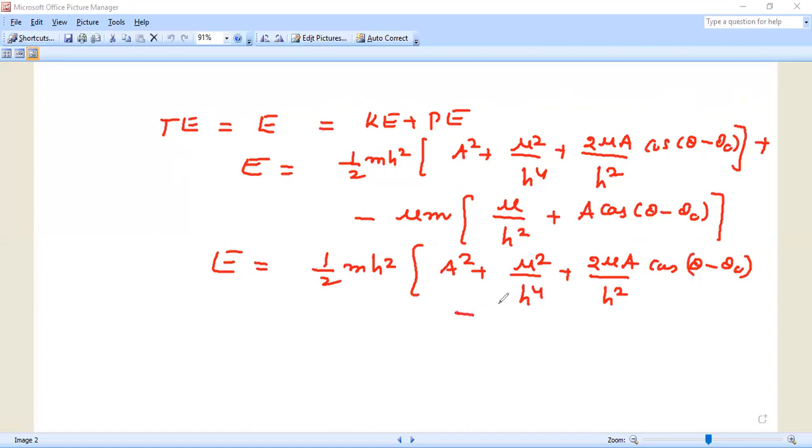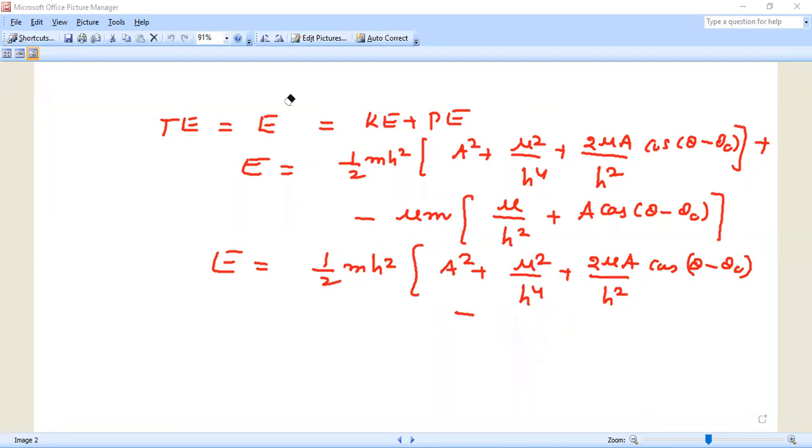Next, minus 2 minus mu square m by h square, mu square m by h square. So that is already done.